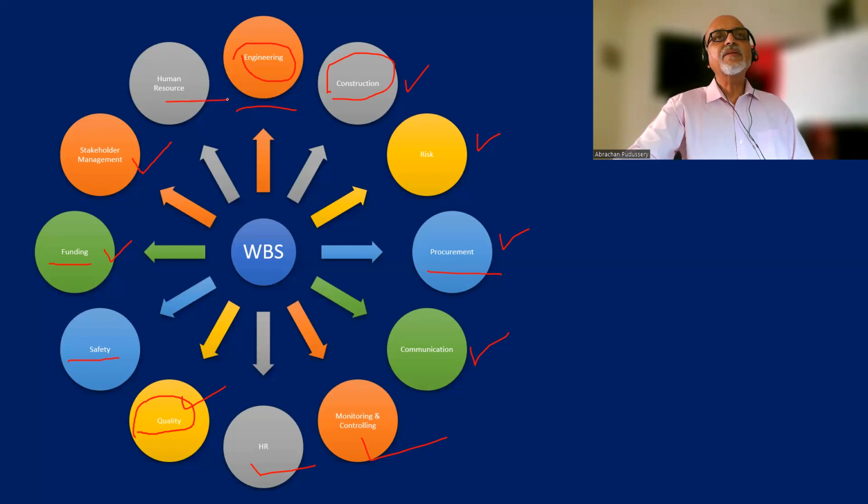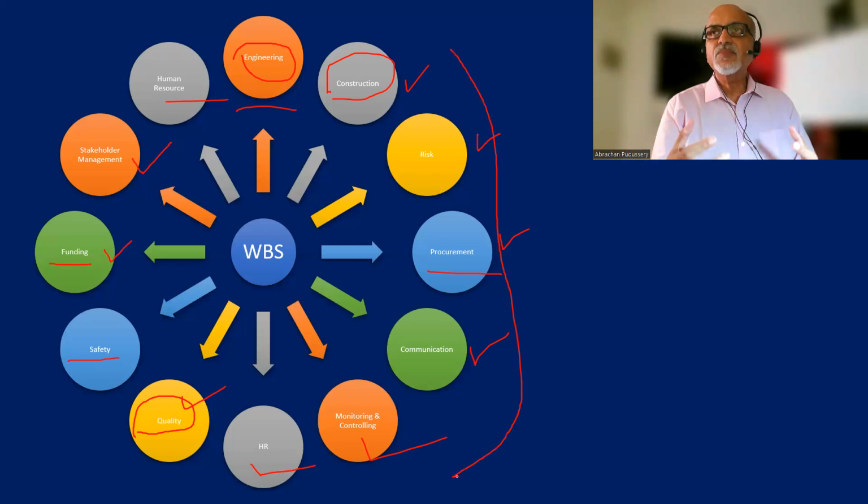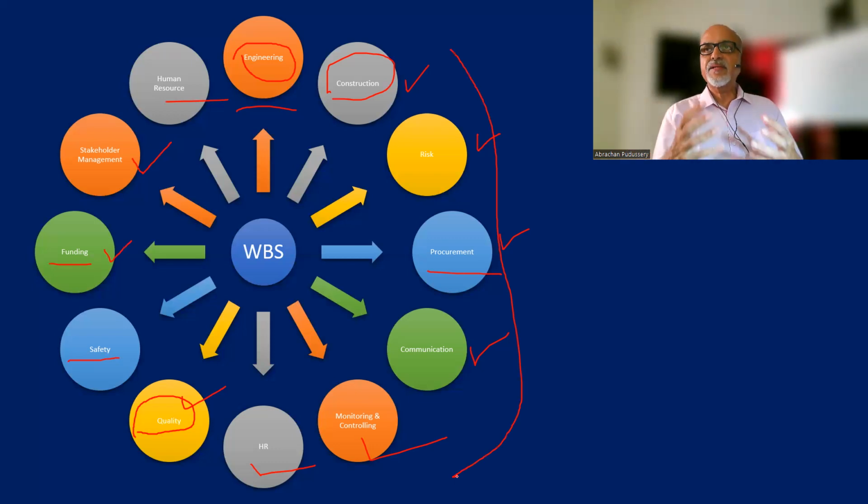Human resource we already discussed. There can be more activities than this, but these are the things which I could think of that must be factored into the work breakdown structure.